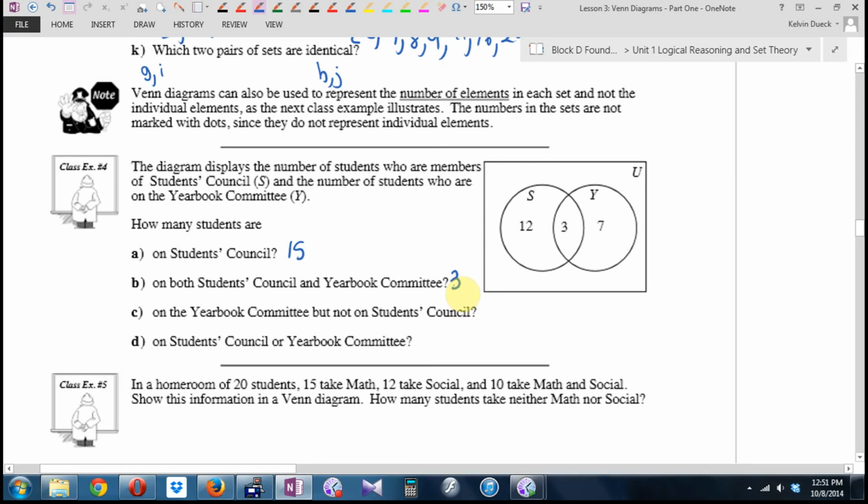Which one, 10 or 7? Right? On yearbook, but at the same time, not on student council. How many kids are on yearbook, grand total? 10. How many are doing yearbook and not student council? 7. How many are on the student council or the yearbook committee? 12 kids are on student council. 7 kids are on yearbook. 3 are on both. 22.